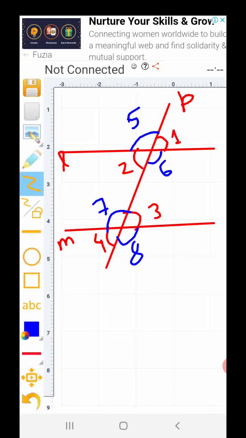You see the position of these angles. 1 equal to 2 equal to 3 equal to 4.